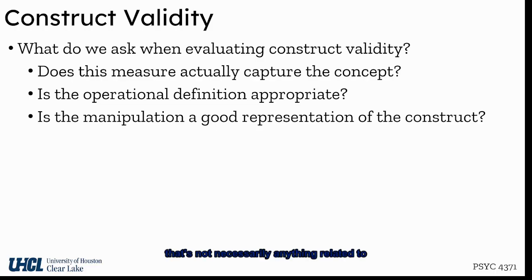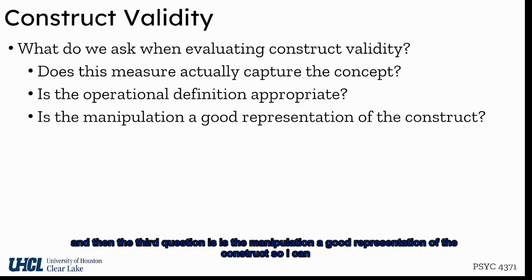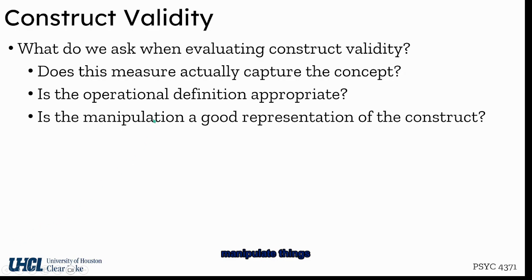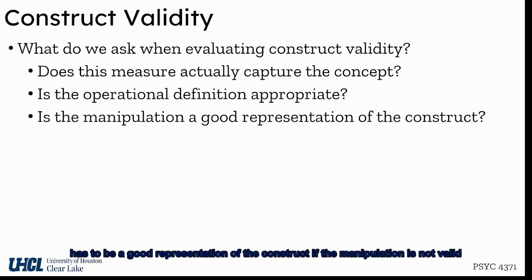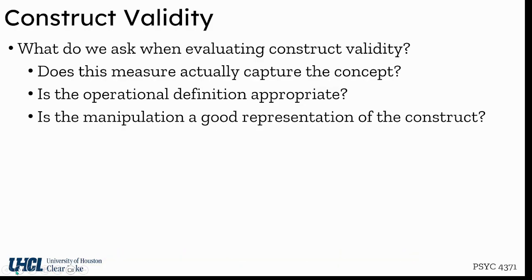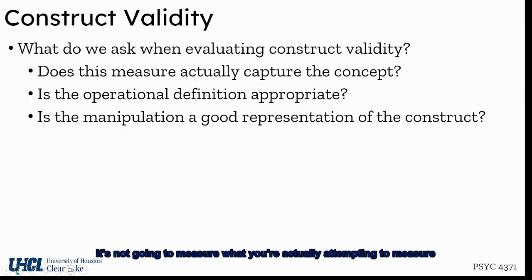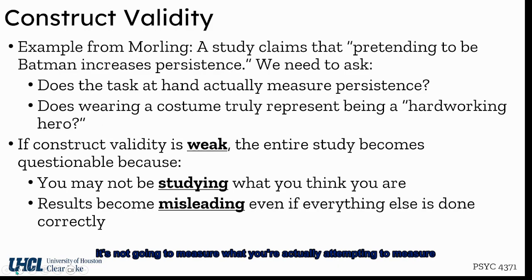That's not necessarily anything related to life satisfaction, so it's not really appropriate in that particular situation. And then the third question is, is the manipulation a good representation of the construct? So I can manipulate things, but that level of manipulation that I give has to be a good representation of the construct. If the manipulation is not valid, it's not going to measure what you're actually attempting to measure.